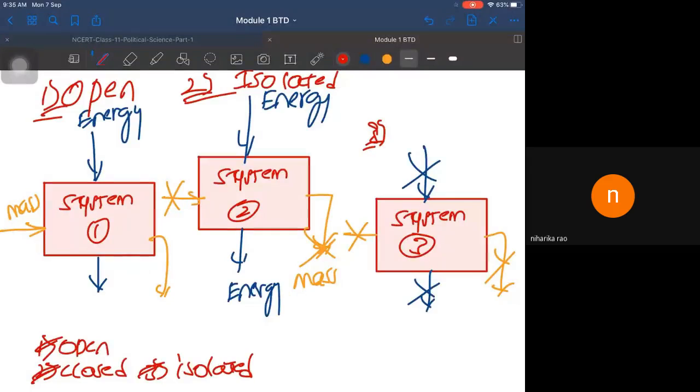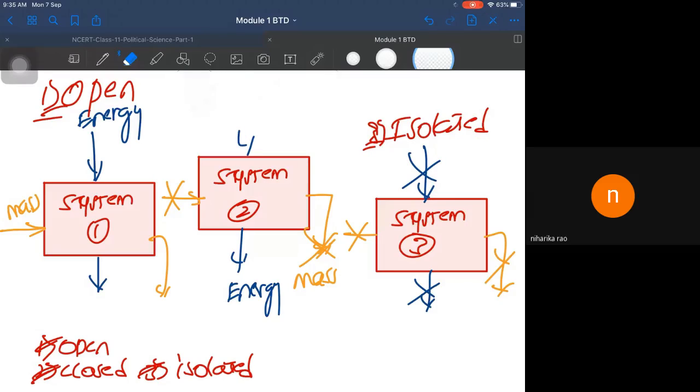So it cannot interact with mass, and it cannot interact with energy. Such a system is called an isolated system. Do not get confused. A closed system is something where your mass cannot be exchanged, but your energy can be exchanged. So system number 2, I can name as the closed system.